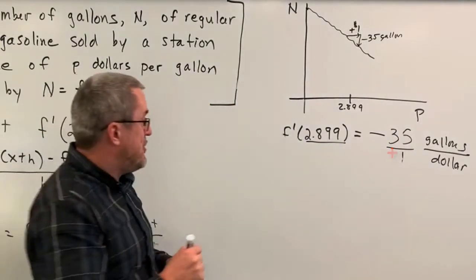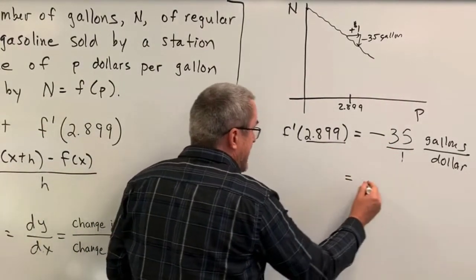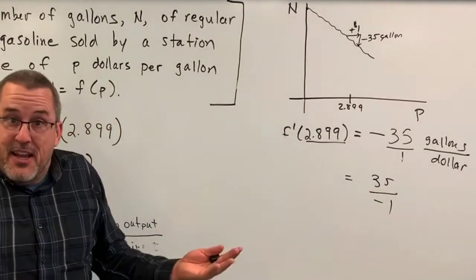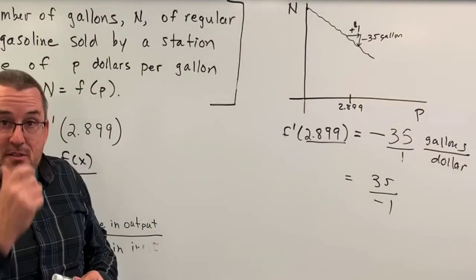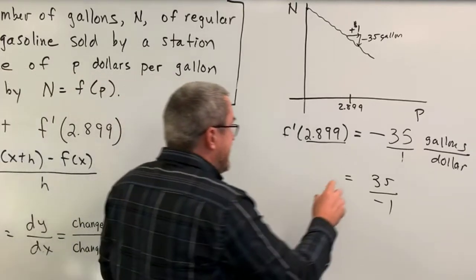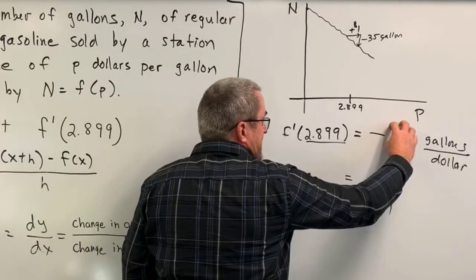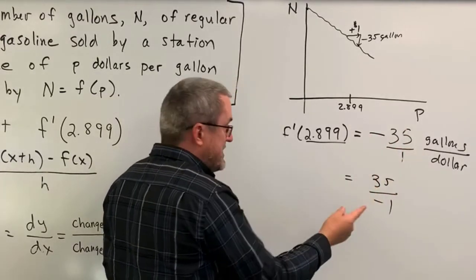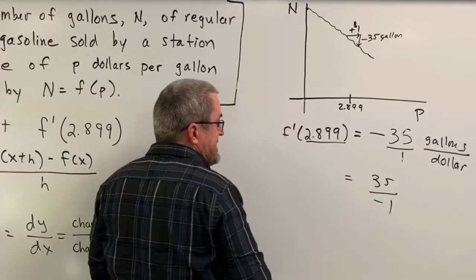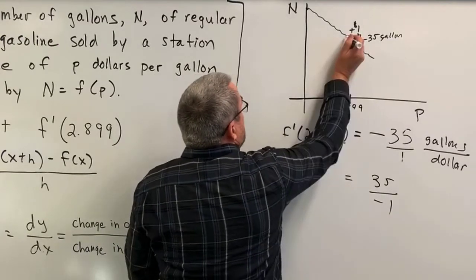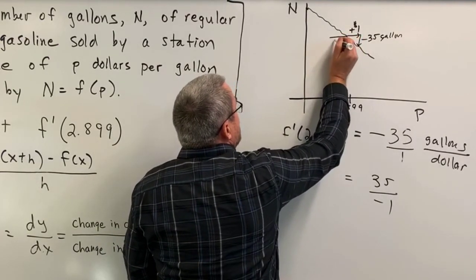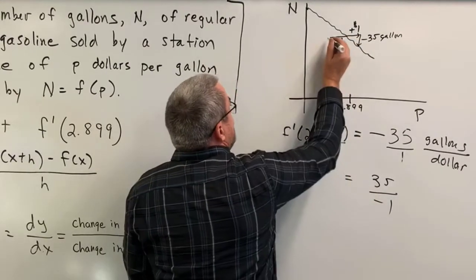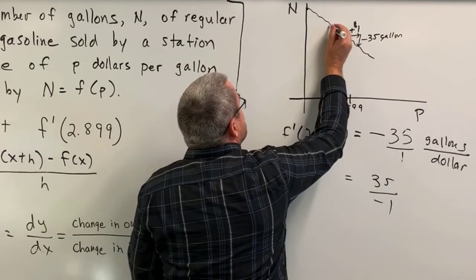Now, we could interpret this other ways as well. We could say 35 over negative 1. That's still negative 35 in terms of the value of this derivative, but instead of thinking about a decrease in the number of gallons for an increase in the price, what if we reversed it? What if we decrease the price by $1? Well, if you go back $1 in price, then the number of gallons of gasoline sold would increase by 35.